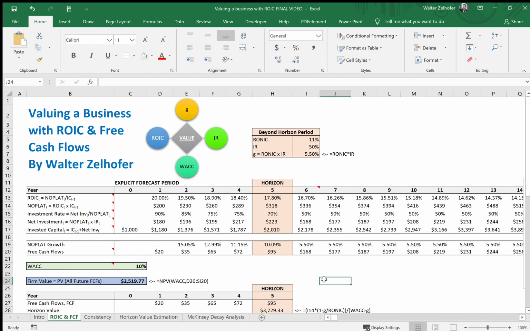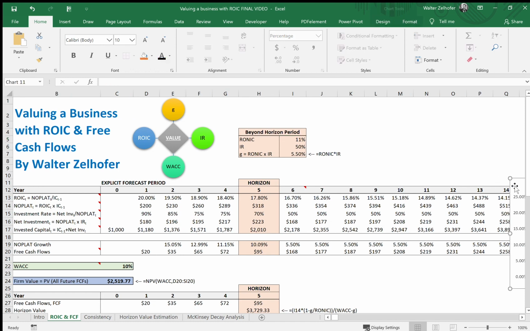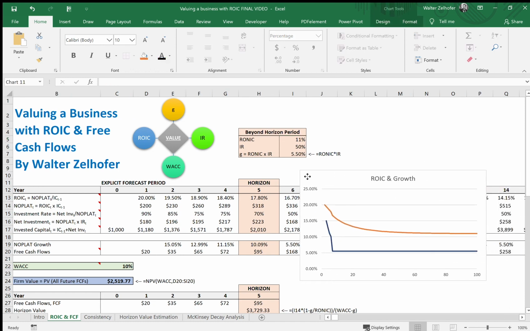Okay, so another thing I wanted to mention here is, well, we said that the return on invested capital in the long term, going into perpetuity, was 11%, and I said that that implies that our ROIC is going to decay to this. In fact, let me show you what I mean by that. I made a chart over here to explain this.